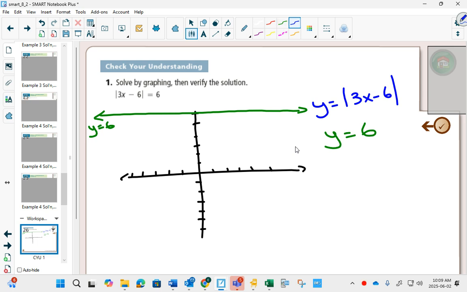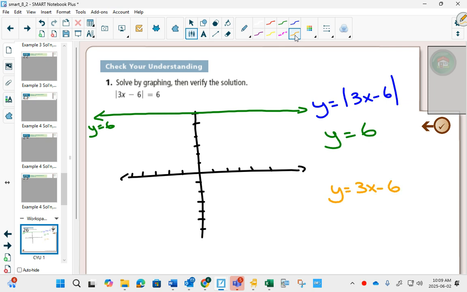On Friday, we learned how to graph absolute value graphs. How did we graph absolute value graphs? We graphed the inside, and then we flipped whatever was below up. So I'm going to graph the inside in orange.